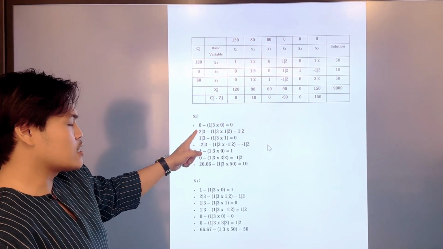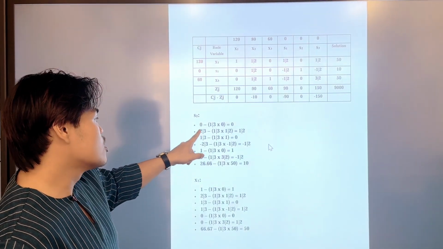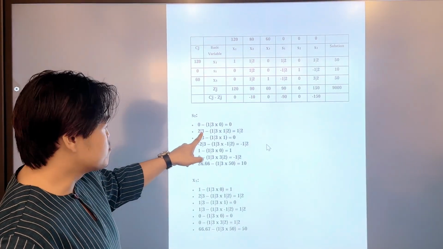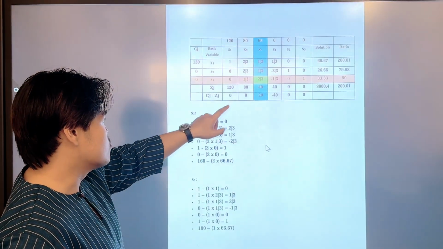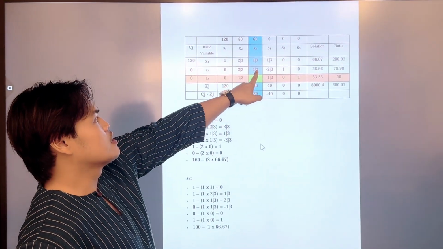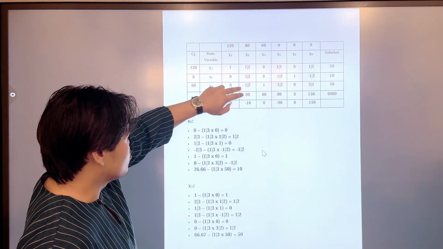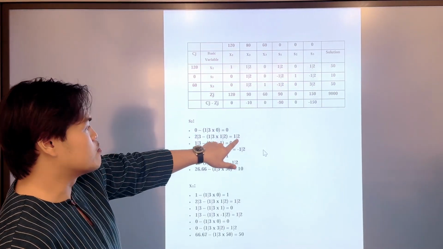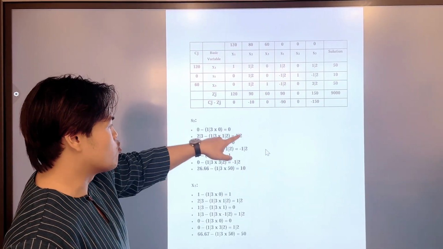Now we jump to the next formula: 2 per 3 minus 1 per 3, we get from here, times 1 per 3 and we get 1. Then 1 per 2 we get 1.